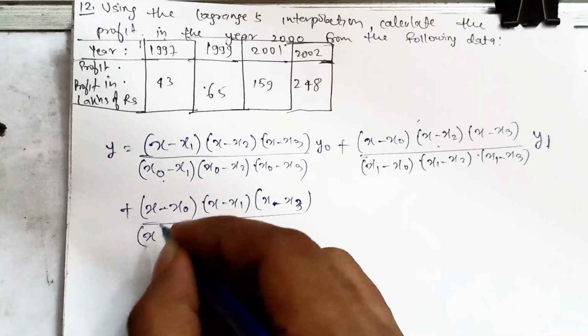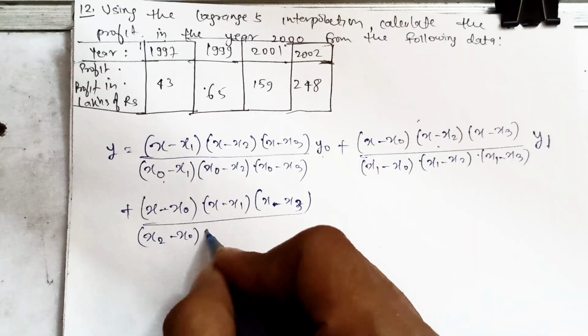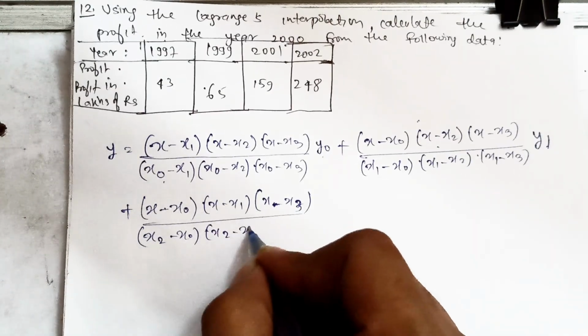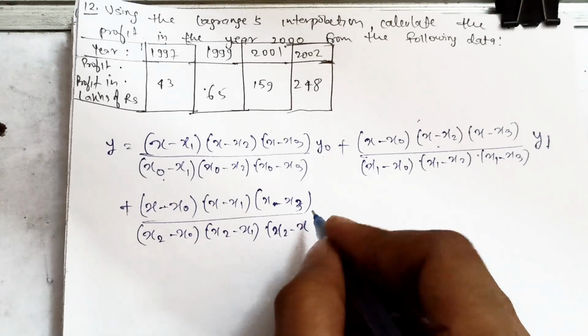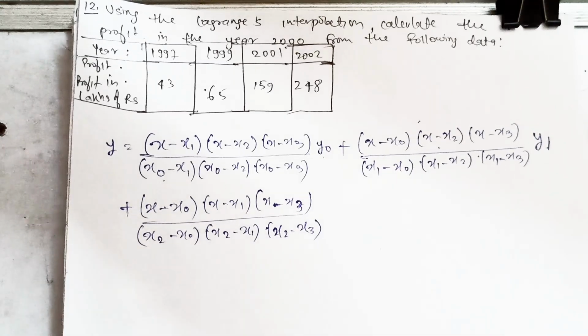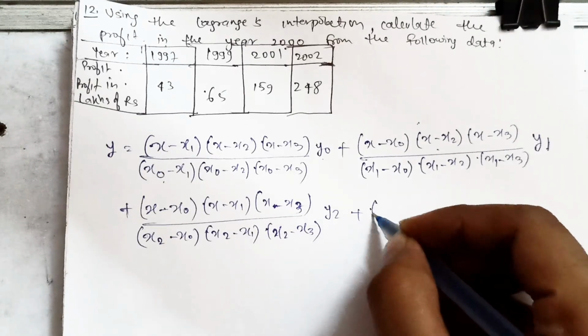In the denominator we use x2 minus x naught, then x2 minus x1, and x2 minus x3, and then multiply with y2.